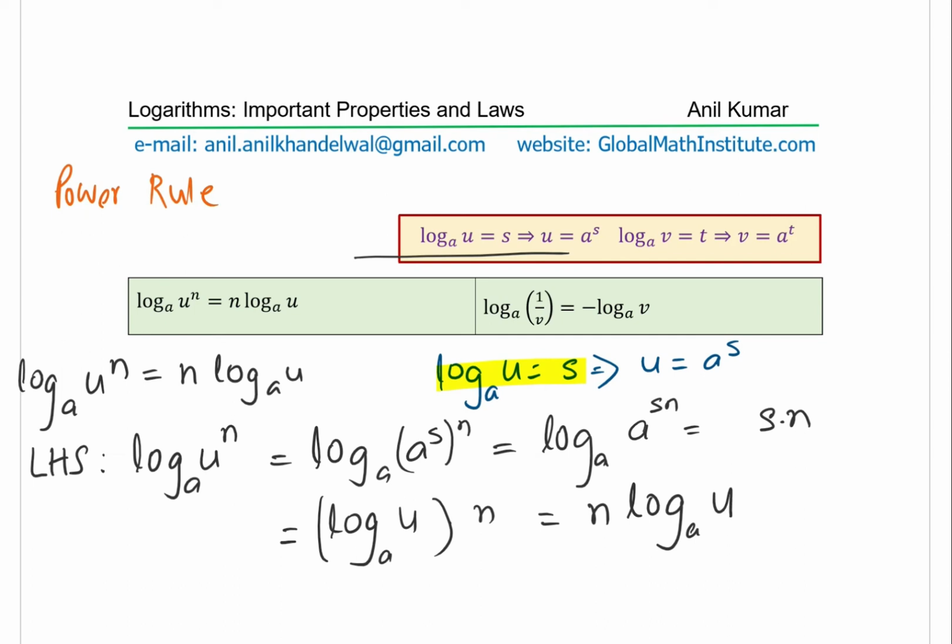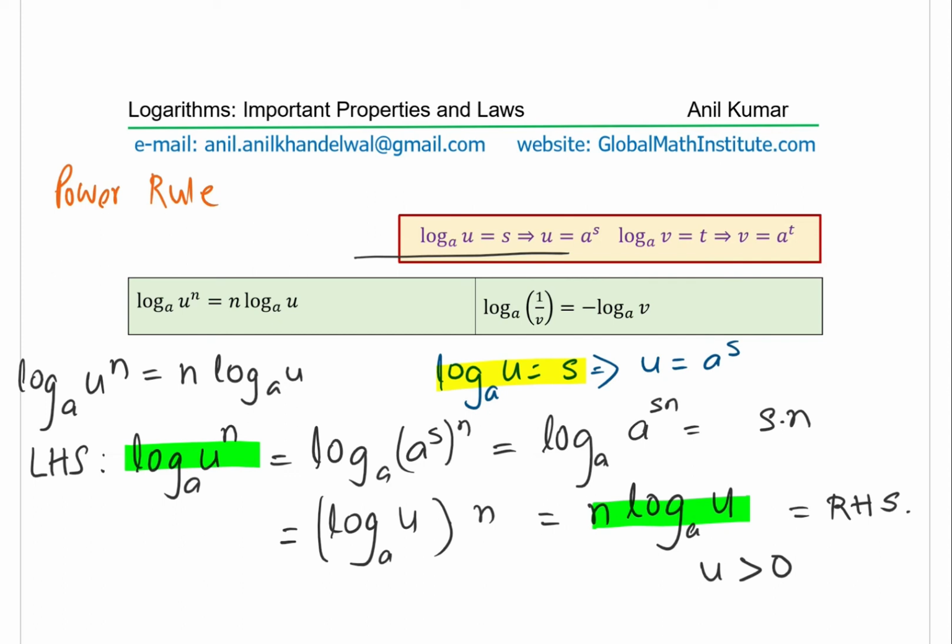So that is how we are going to prove this identity. Perfect. This is what was required, and that is the right hand side. So in this case, definitely u has to be greater than 0, right? So in this particular case, u is greater than 0. Only then the log is valid.